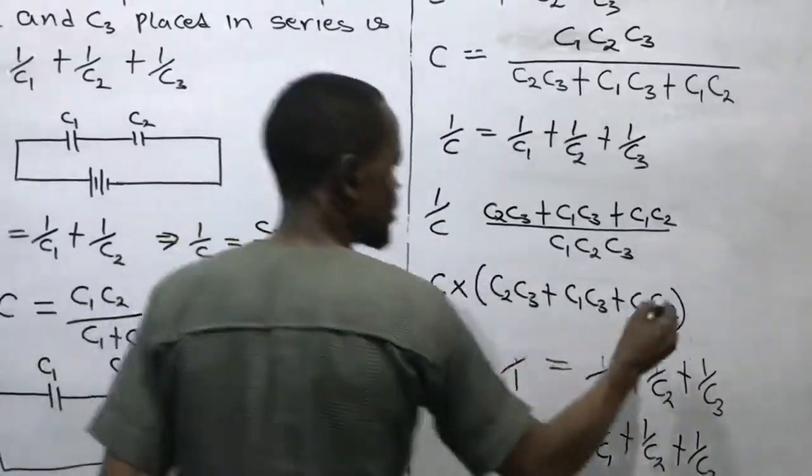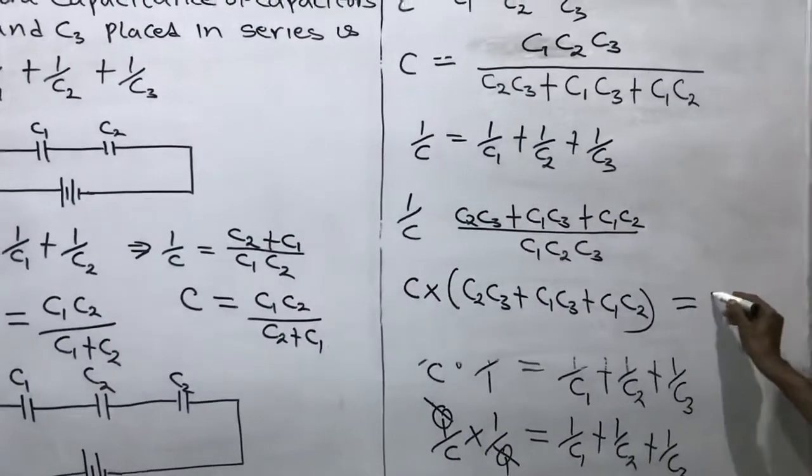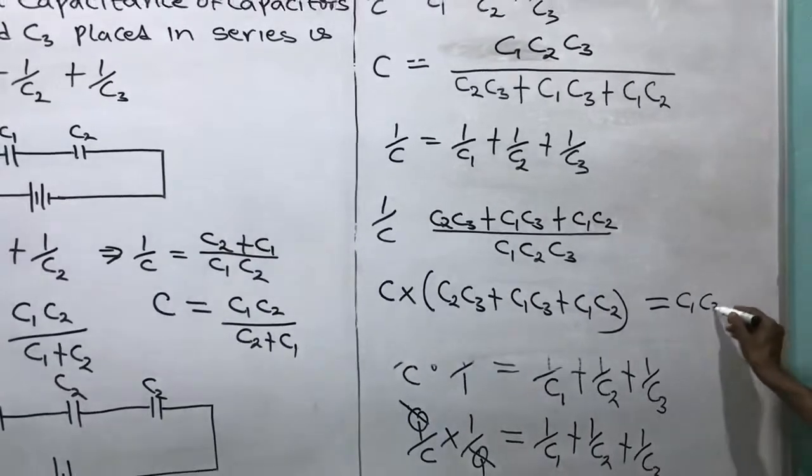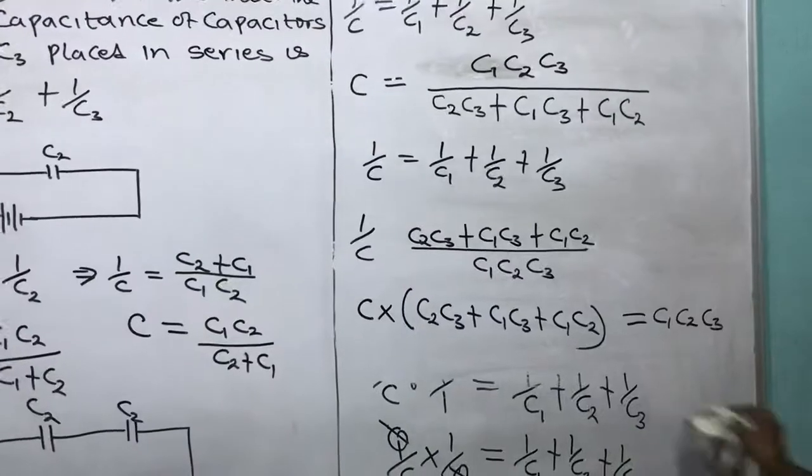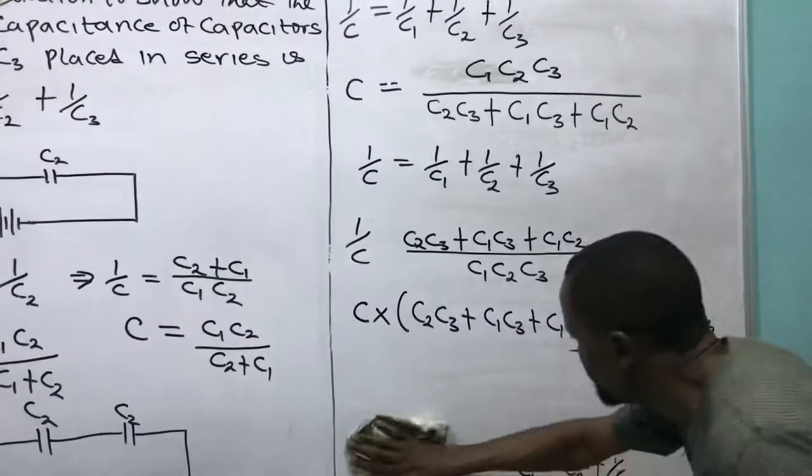Then this times this will leave me with C1 C2 C3. Then making C the subject of the formula, they will go and divide.